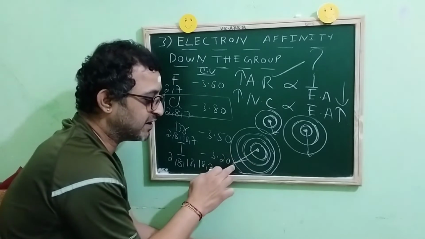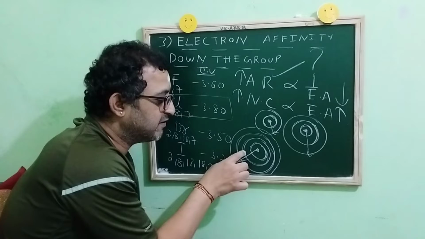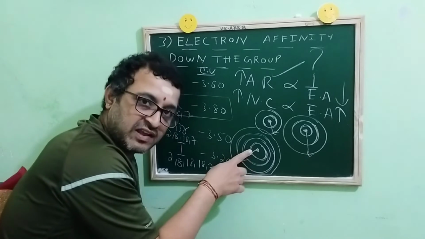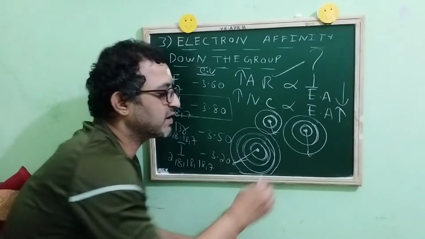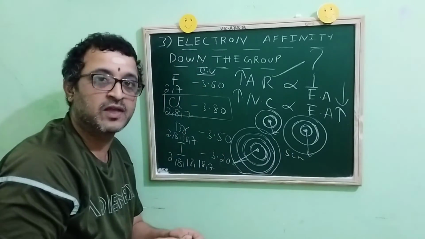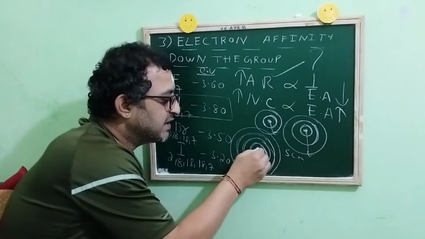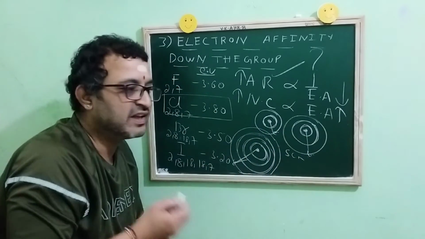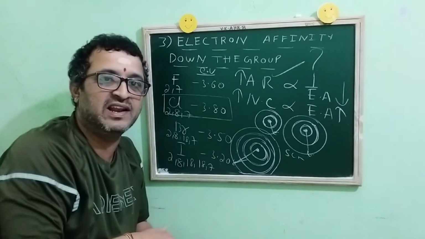The effect caused by these shells containing electrons, we call the screening effect. Because of this screening effect, though there is an increase in the nuclear charge, it is not able to accept the electron most readily.